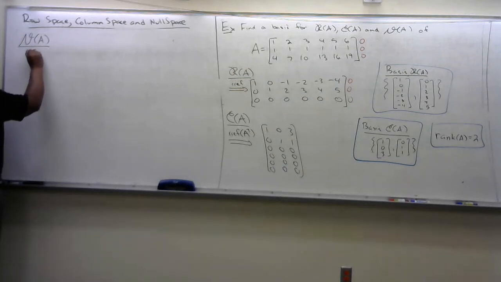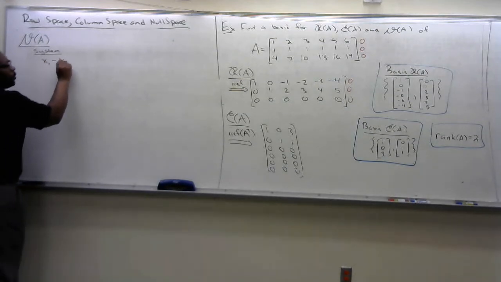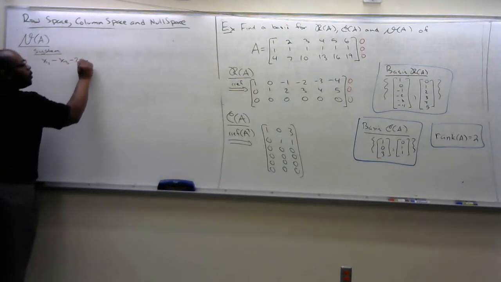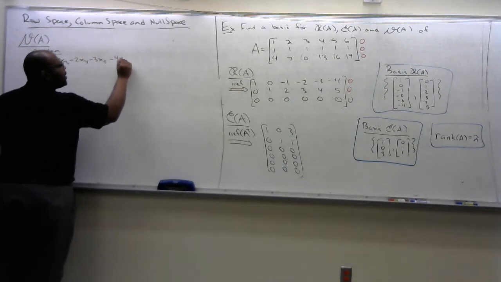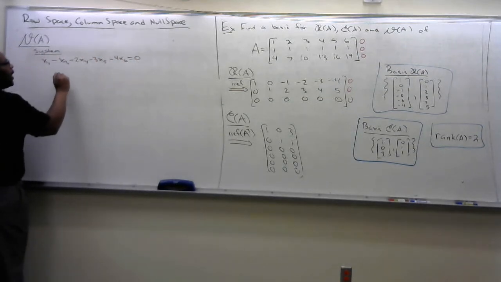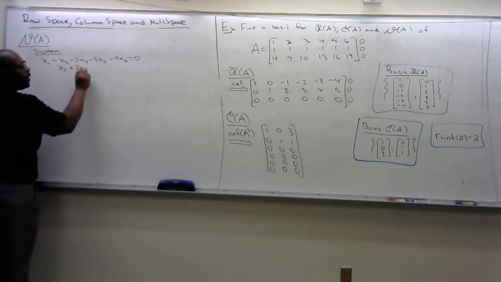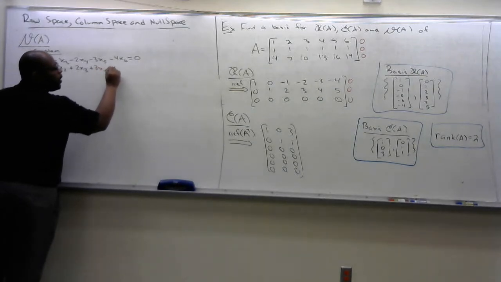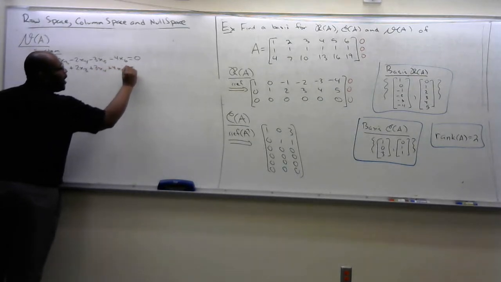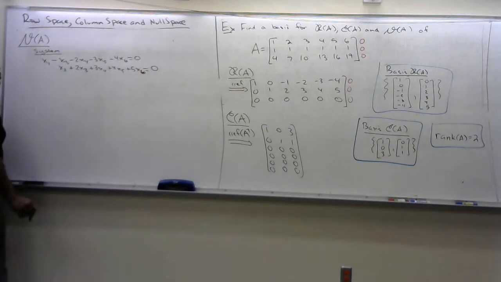We get that my system is x1 minus x3 minus 2x4 minus 3x5 minus 4x6 is equal to 0. Then I get x2 plus 2x3 plus 3x4 plus 4x5 plus 5x6 is equal to 0.